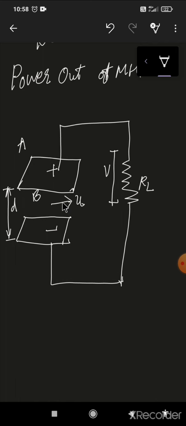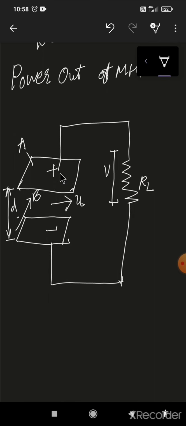As you can see in this diagram, the electrodes have an area A, and are held at a distance d along the z axis, perpendicular to both u and B. This is the direction of B, and this is the direction of u. This is perpendicular to both u and B.